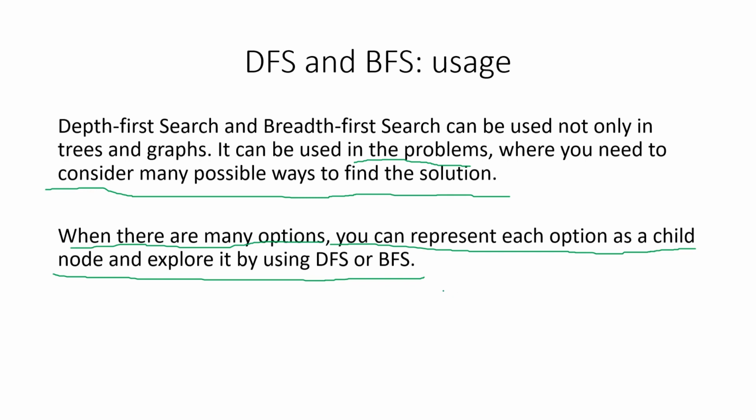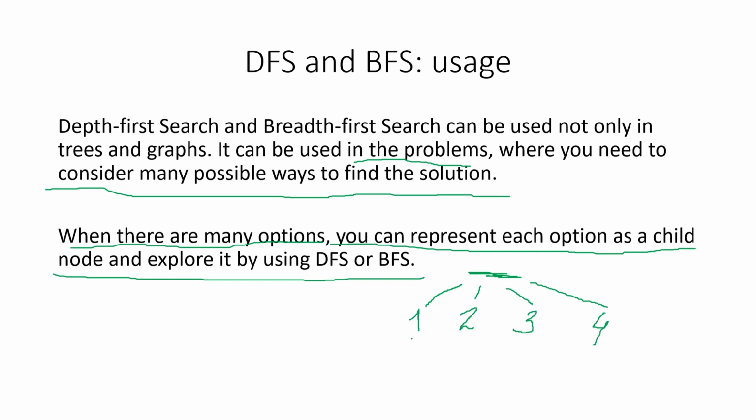So let's say that we have some problem, and in that problem we have 4 or 5 options to consider, and in order to find a solution, we need to consider all the 4 or 5 options. In that case, we could use BFS or DFS, and we can represent that problem. So again, let's say that at some point, we have option 1, option 2, option 3, and option 4.